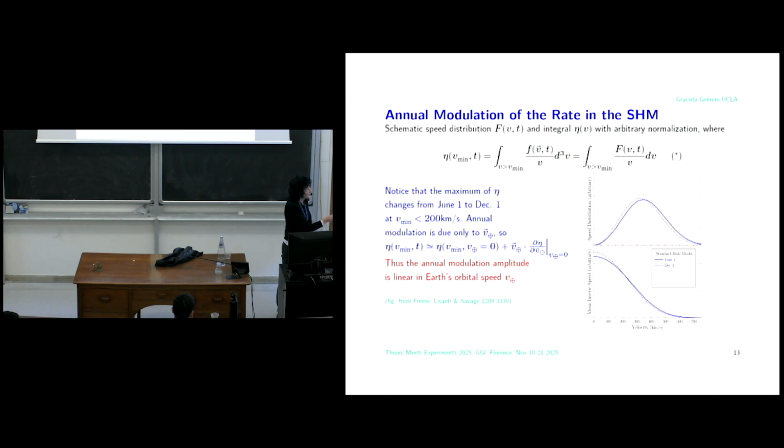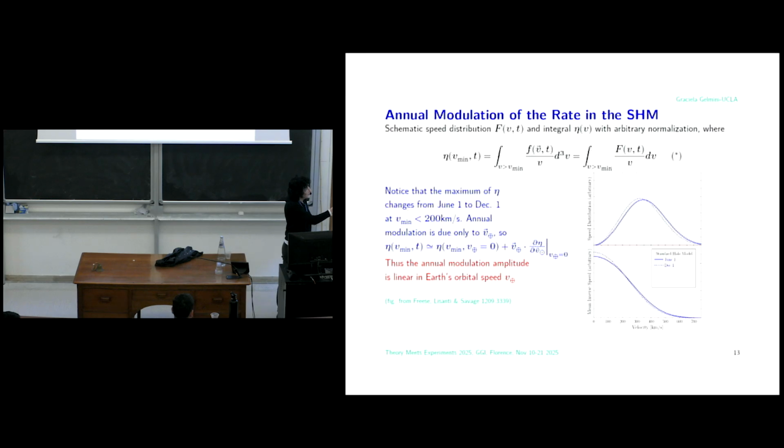This is a Gaussian in speed, and this is on June 1st. Then 6 months later, December 1st, this was done with parameters in which the maximum and minimum were on June 1st and December 1st; they change a little bit with the parameters you choose.